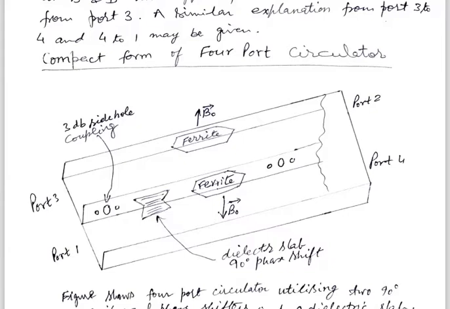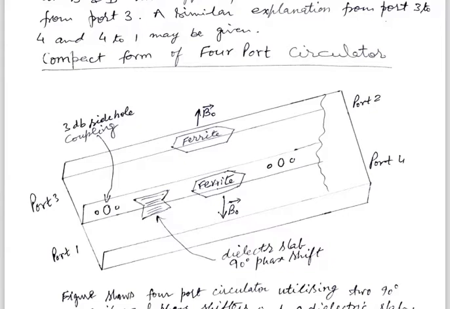In the compact form, the figure shows a rectangular waveguide in which there is an intermediate wall between the two sides, and two ferrite slabs, which are called non-reciprocal phase shifters, placed on the two sides of the rectangular waveguide.